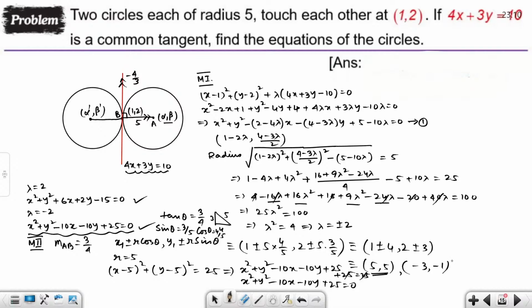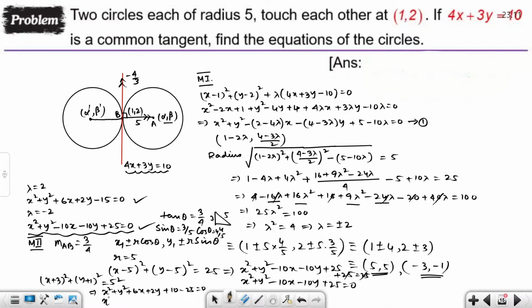And the other equation will be, if we take the center minus 3 comma minus 1, we are getting, so let me expand this. Three square, that is 9 plus 1 is 10 minus 25, that is 0.